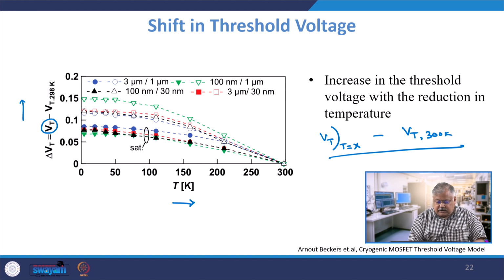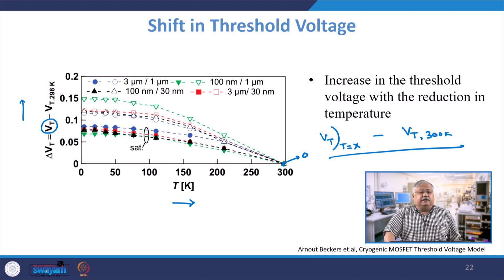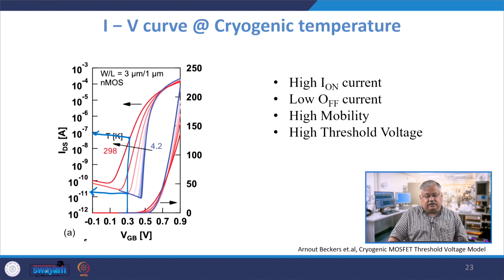So, obviously at 300 Kelvin everything will merge and this will be approximately equal to 0 because they are equal, right. Whereas, if you go on reducing the temperature, delta Vt goes on rising and becomes maximum at 100 nanometer channel width, right. It becomes very large in that channel width and it increases drastically, and therefore low width devices showcase a larger change in the threshold voltage.